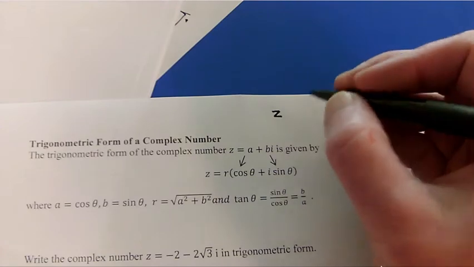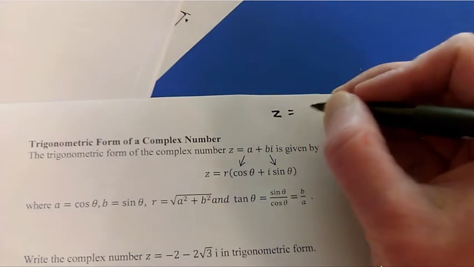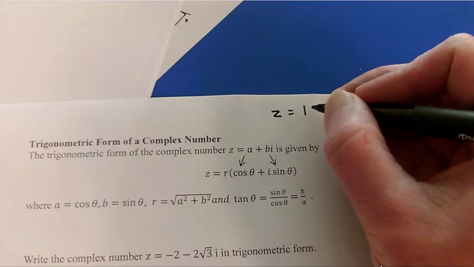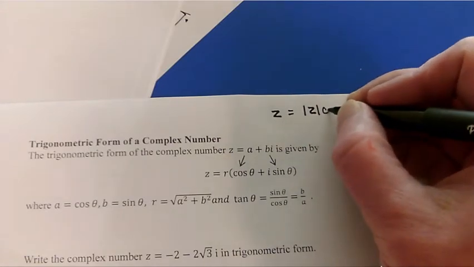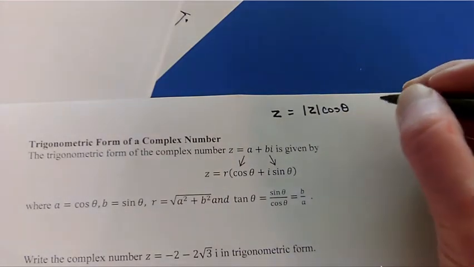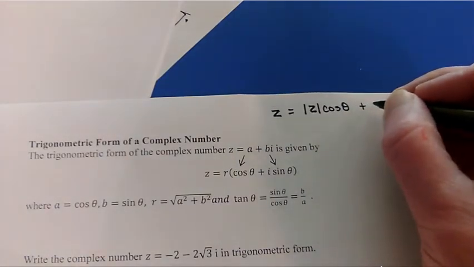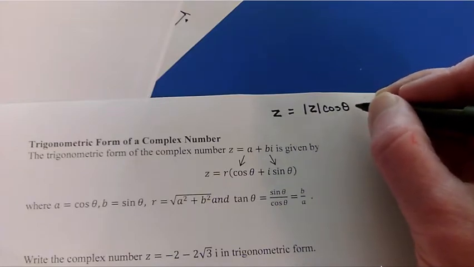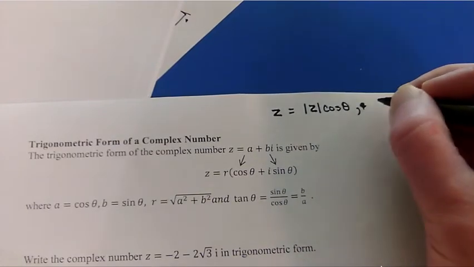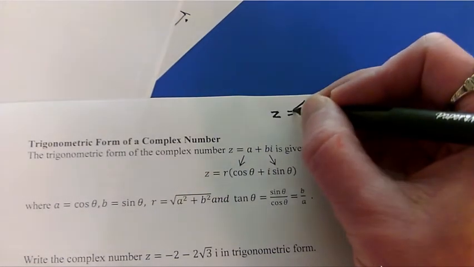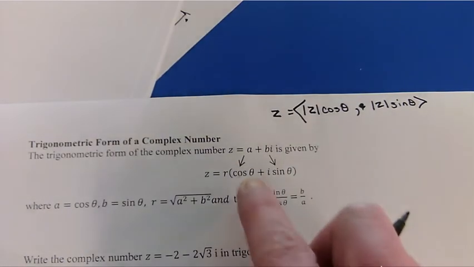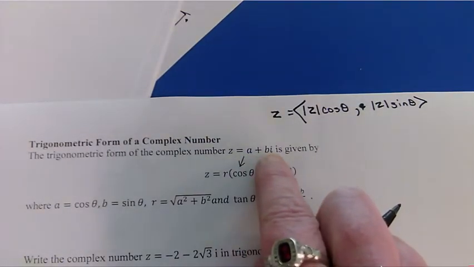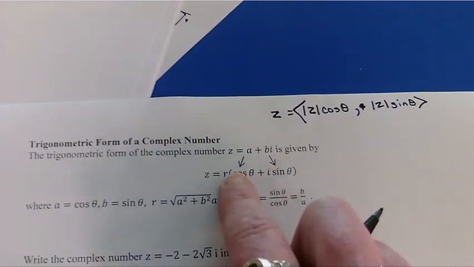A vector could be written as its magnitude times the cosine of the angle plus, in vector form, the horizontal component, and then the vertical component was sine. Well, here, in a plus bi, a is the horizontal component and b is the vertical component.